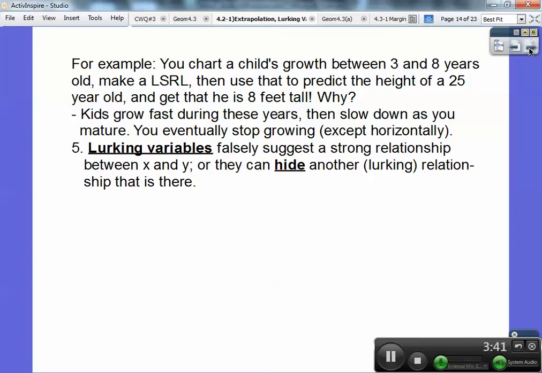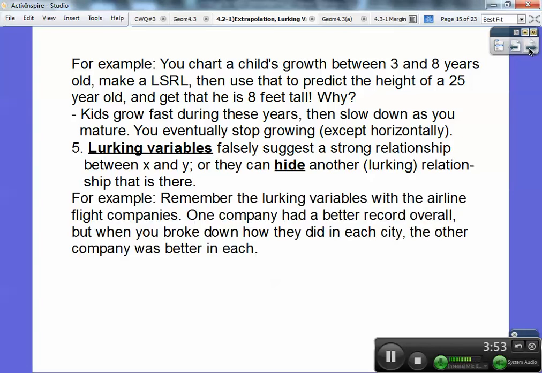Lurking variables can falsely suggest a strong relationship between x and y, or they can hide other relationships. For example, in my class, I gave a handout on airline companies, showing statistics where one company was on time more than the other company for the whole record.